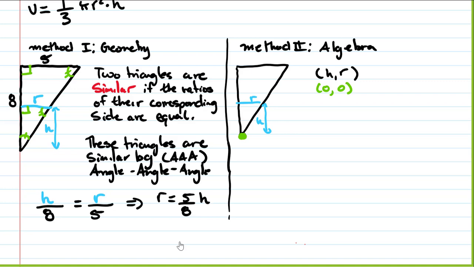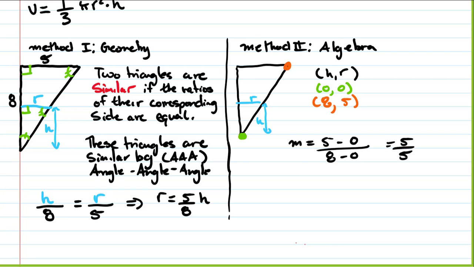0, right? And when I'm all the way at the top, at this point right here, when my height is 8, what is the corresponding radius? Well, what's the radius of our thing? 5, right? So then I could find my slope, which is 5 minus 0 all over 8 minus 0, which gives me 5/8.